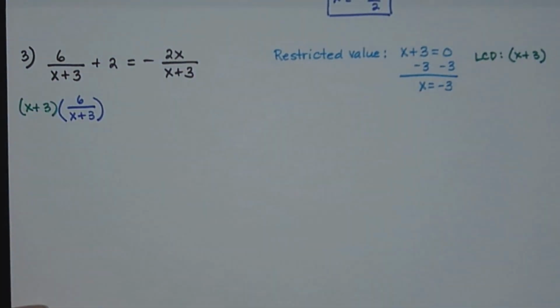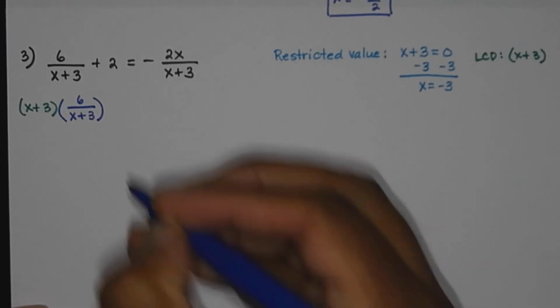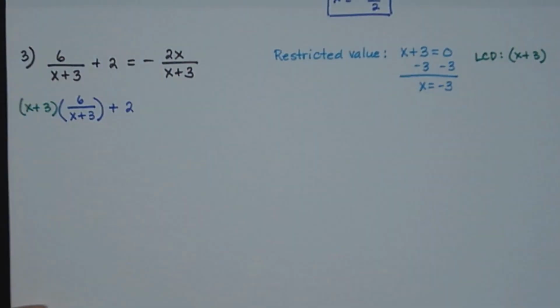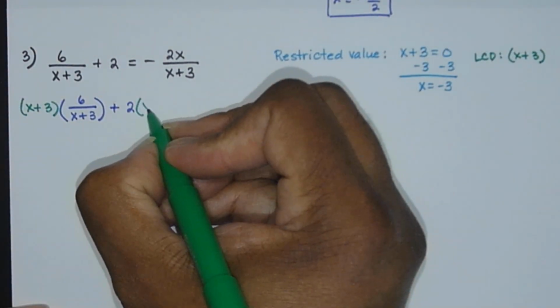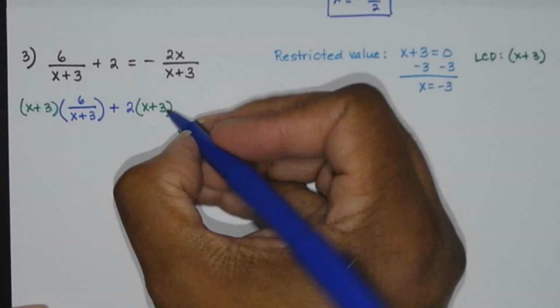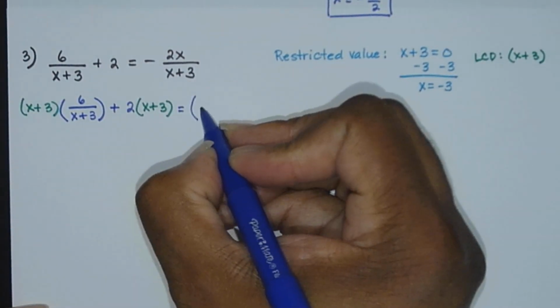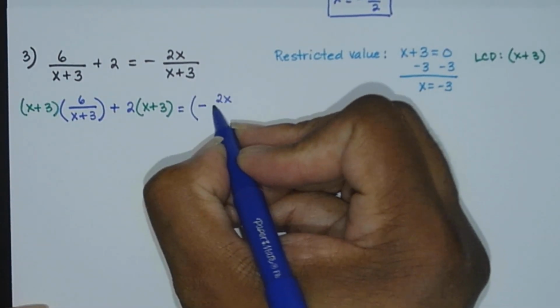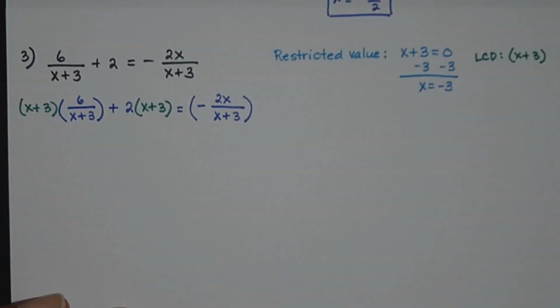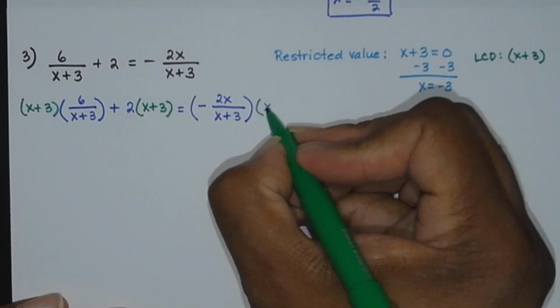So that x plus 3 will be multiplied by 6 over x plus 3, and then plus 2 times, and put the x plus 3 here in parentheses, and then that's equal to, let's see, negative 2x over x plus 3. That's going to be multiplied by x plus 3.